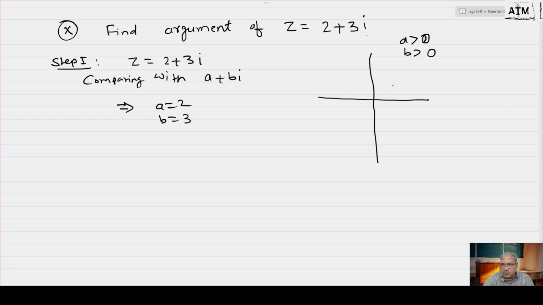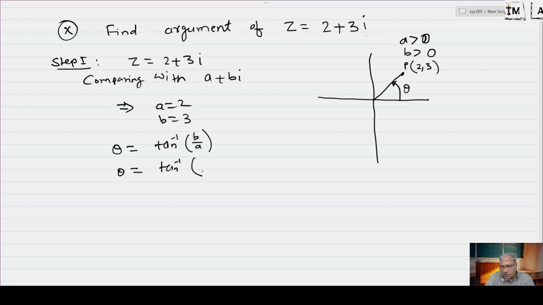Therefore, the given complex number lies in the first quadrant. So let us say the point (2, 3), and this value of theta is nothing but the argument, and we need to find theta. Theta equals tan inverse of b upon a. Therefore, theta equals tan inverse of 3 by 2, that is tan inverse of 1.5.